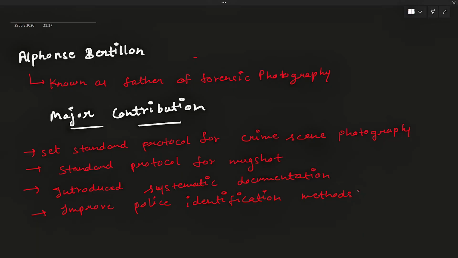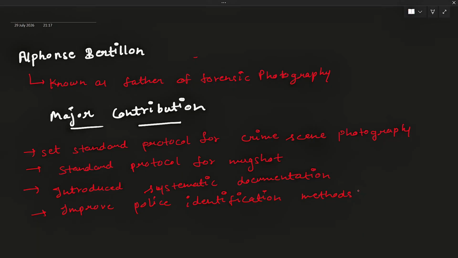Now imagine presenting these photographs in court: different angles and distances could create confusion. Bertillon solved this problem by introducing a systematic method. Every important object should be photographed in a consistent and organized manner. This made photographs much more useful for investigation and legal proceedings.